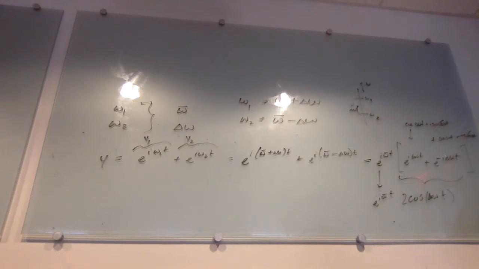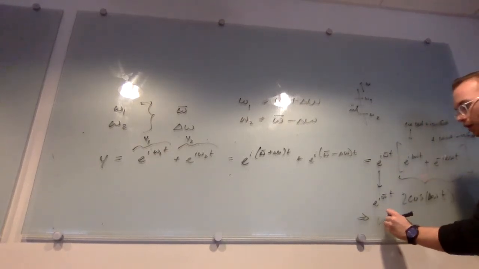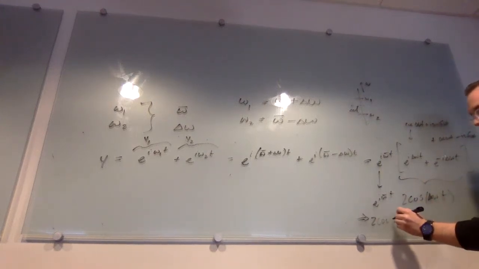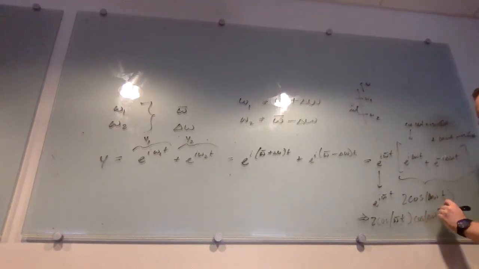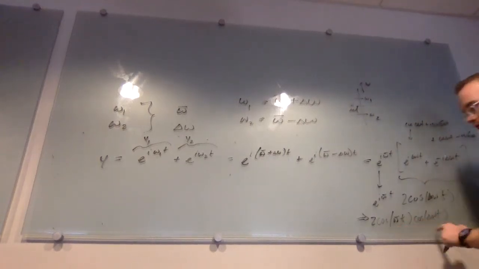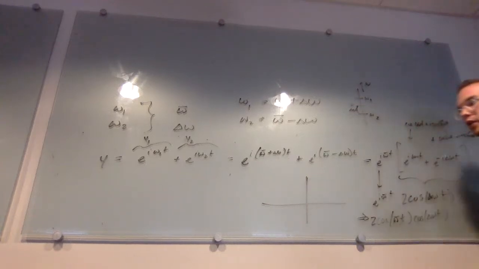And now if we take the real part at the end, we get 2 times 2 of cosine of omega bar t times cosine of delta omega t. And now this function here is the picture that's probably in the book.